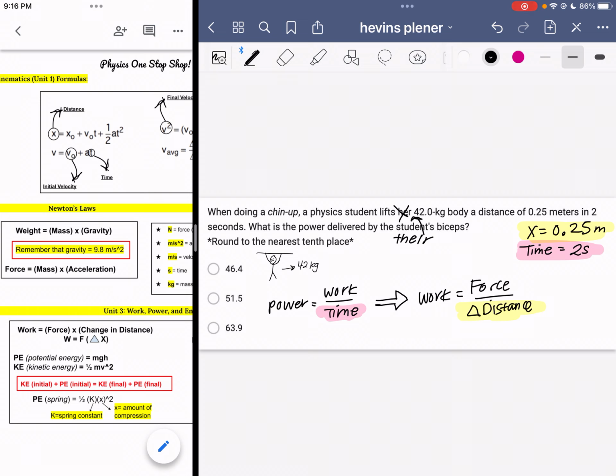So when you think about what our weight is, that is just our normal force. Okay? So when it asks for the weight, mass times gravity, that is the same thing as the force for us.